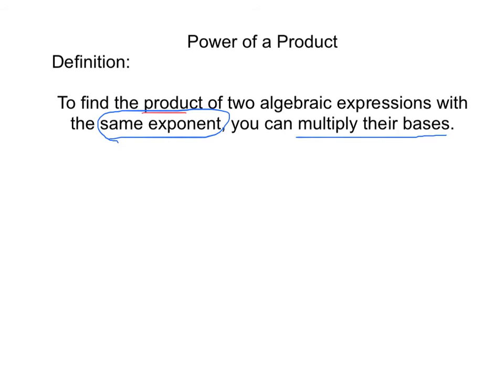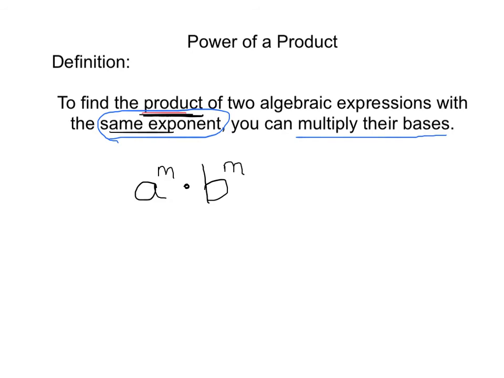So how would this look? If I had a raised to the m multiplied, because I'm talking about a product, so it's got to be multiplication, times a different base. So let's use b. Now it has to be the same exponent, so I have to reuse my m.